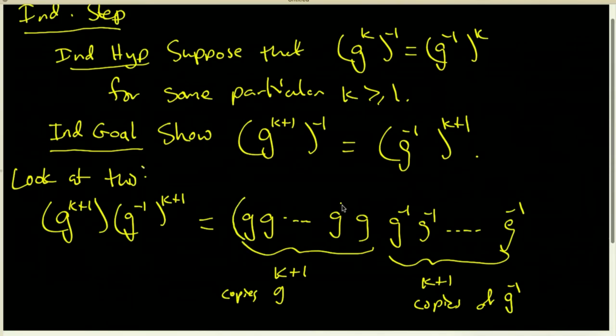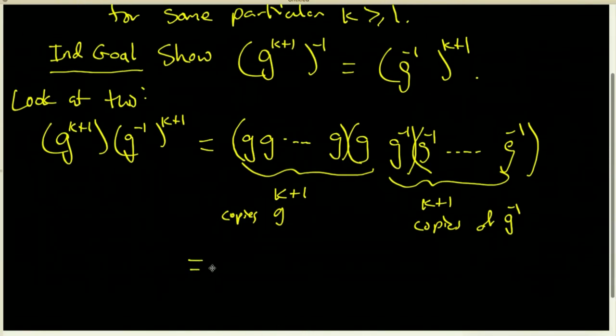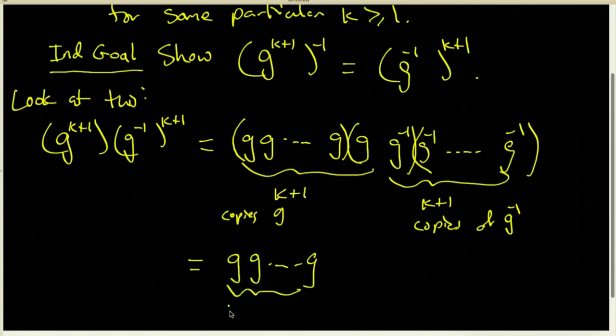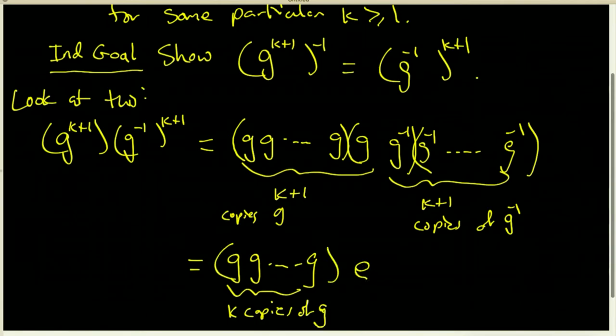I'm going to put parentheses there, and here, and here. Now, when I do that, what I notice is I've got g times g times g, and there are now k copies of g, times a nice big fat E, because this guy here is E by the definition of g inverse.